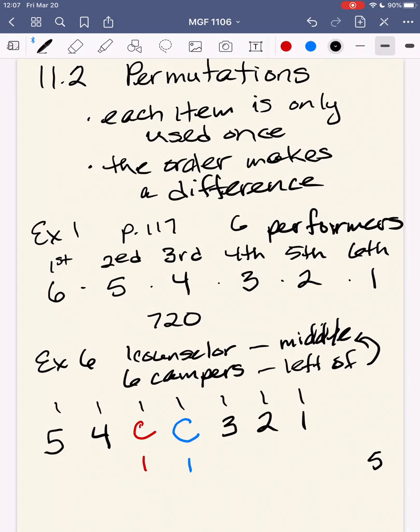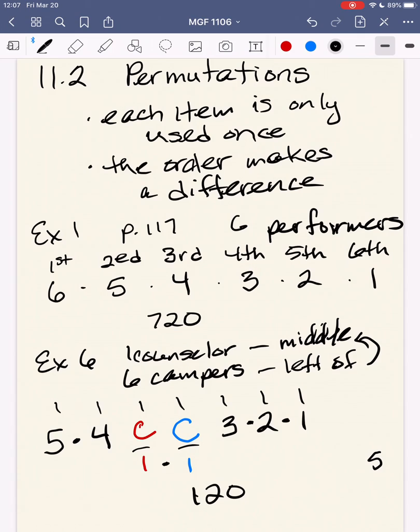Now that we have restrictions on the seating, we multiply these together. So 5 times 4, multiplying by 1 doesn't change anything, 3 times 2, and then another 1 doesn't change anything. I end up with 120 different seating arrangements with the restrictions on these 2 people.